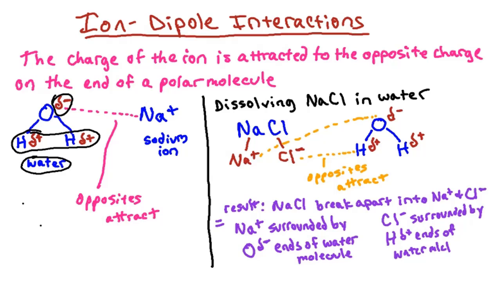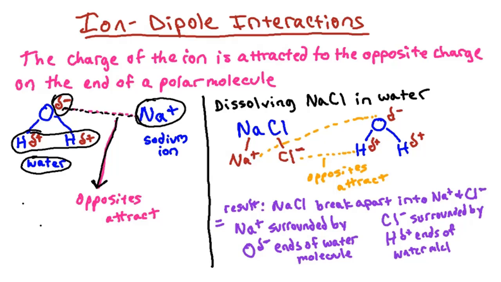And here we have an ion over here. We have a sodium ion, and that's Na plus. And the opposites attract, remember. Just like an ionic bond, an ion of an element that has a positive charge will bond with an element that has a negative charge. Well, just the same way, we'll have this ion with a positive charge that's going to bond to the negative charged end of this polar molecule.